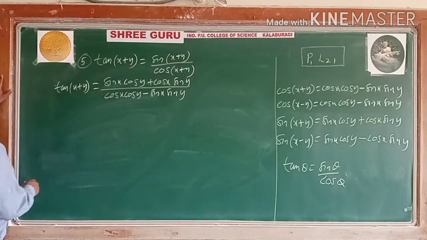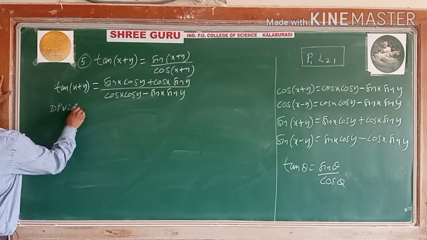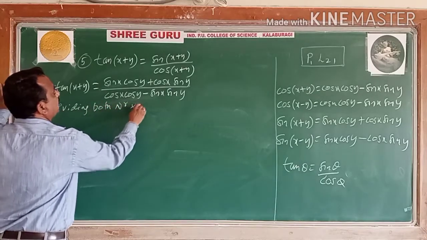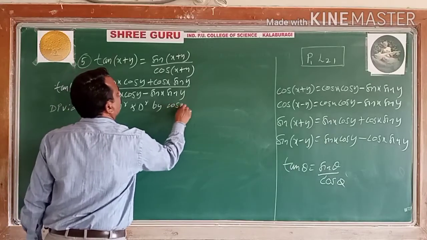Now see, what to do here? Divide both numerator and denominator by cos x into cos y.